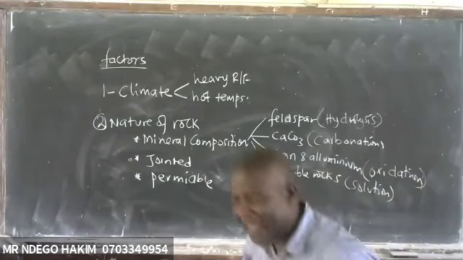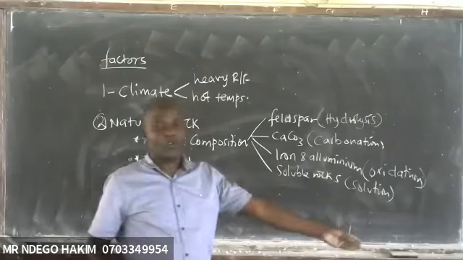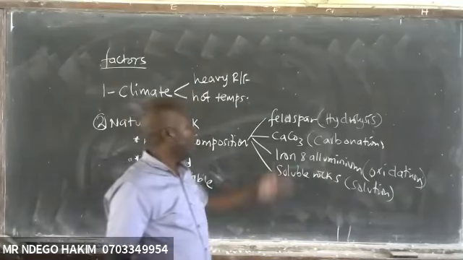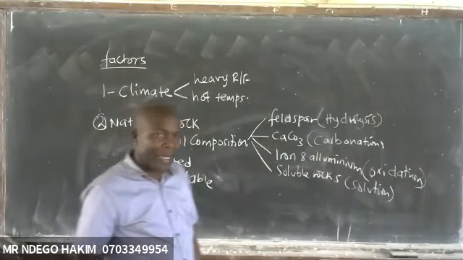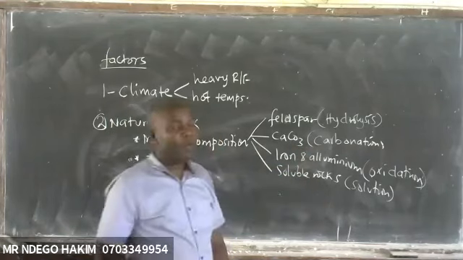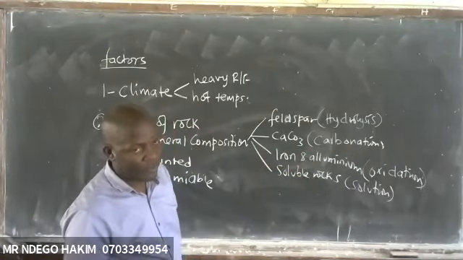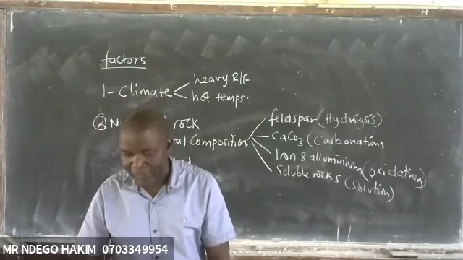So they can be weathered chemically through different processes, like soluble rocks through solution, iron and aluminum bearing rocks through oxidation, rocks with calcium carbonate, like limestone, through carbonation, and those with feldspar through hydrolysis. Those are two factors.